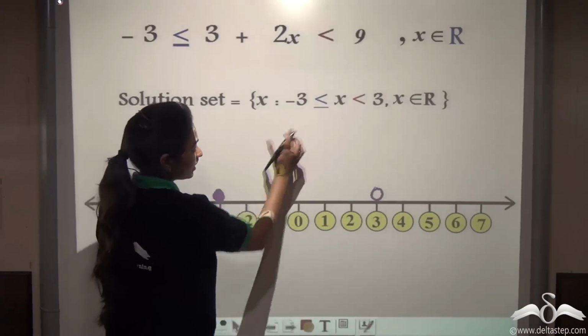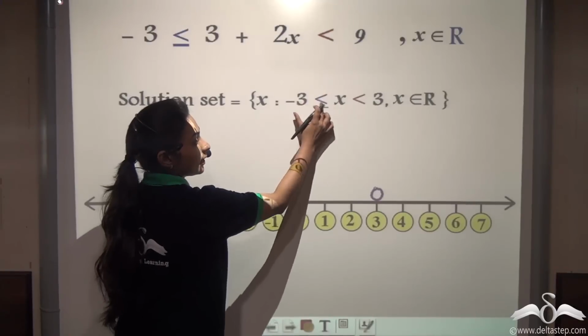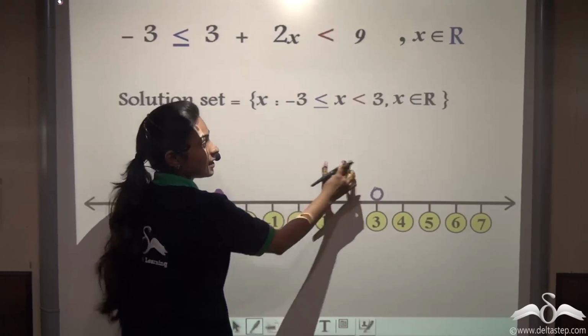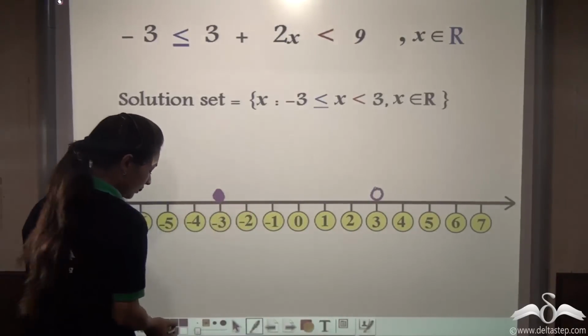Now x lies between minus 3 and 3. That is, you can say x is greater than or equal to minus 3 and it is less than 3. So it will include all those numbers between these two. So fill it up.